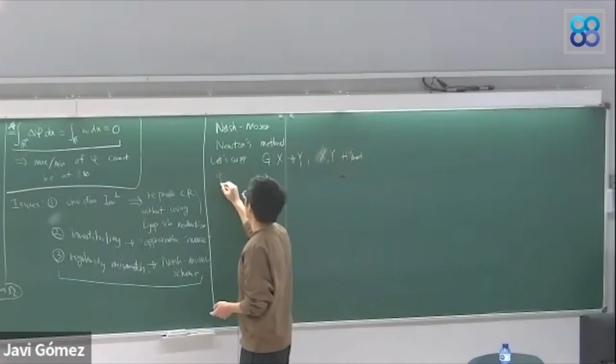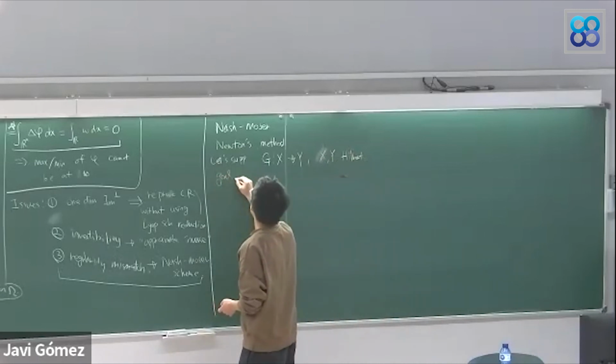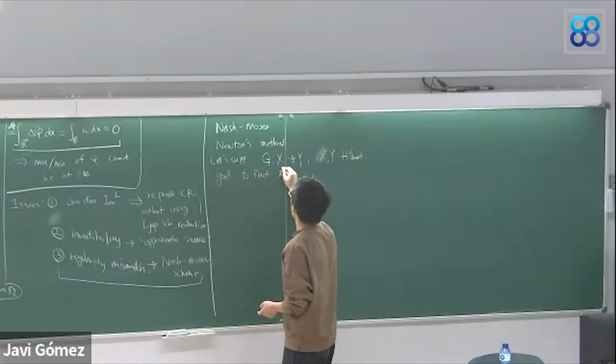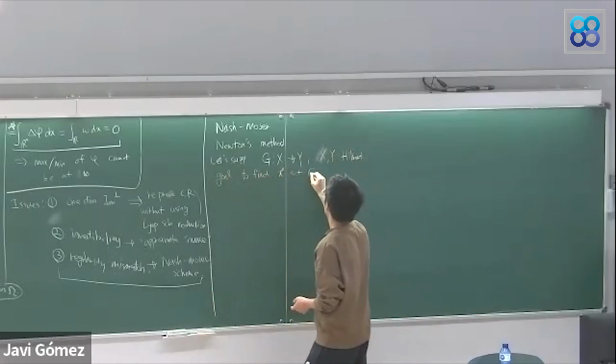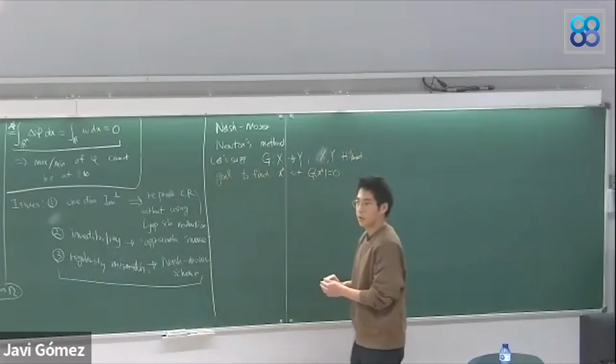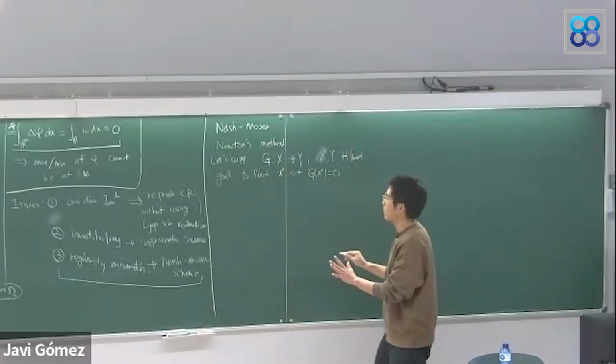And then our goal is to find x star such that g of x star becomes 0. Just a very typical problem.